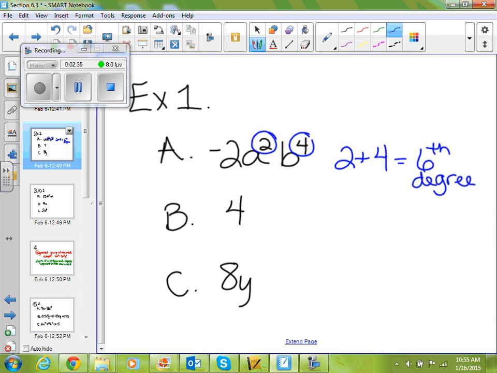If I look at the number 4, I do not have an exponent on my number 4. So this tells me that I have a degree equal to 0 because there is no exponent up there.